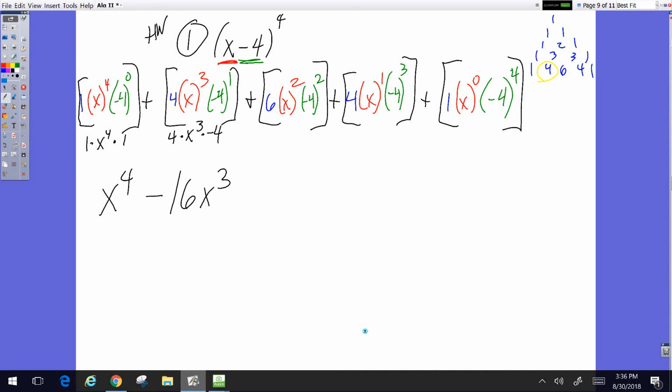Next bracket. I have 6 times x squared times positive 16. Okay, 6 times 16 is 96. So it's going to be positive 96x squared.